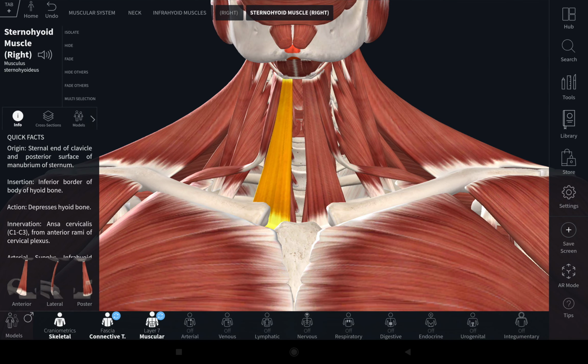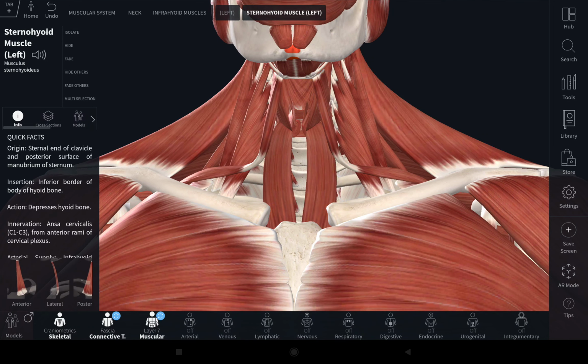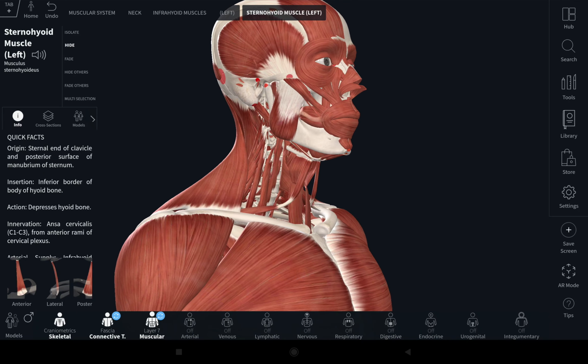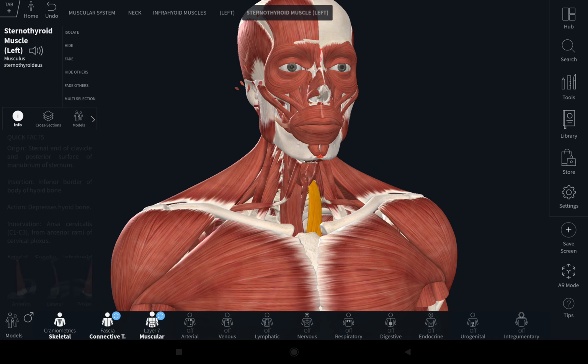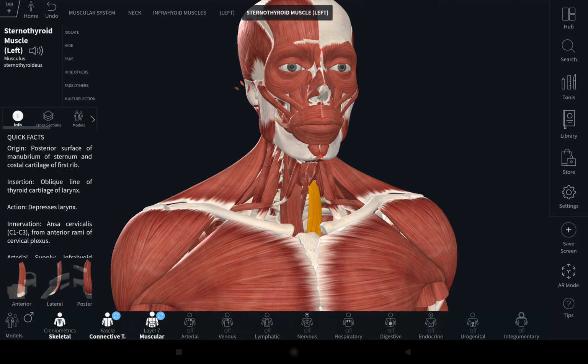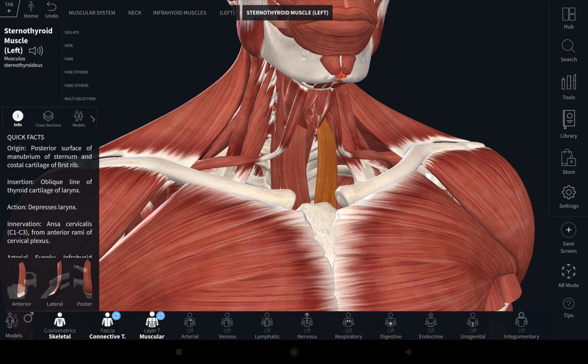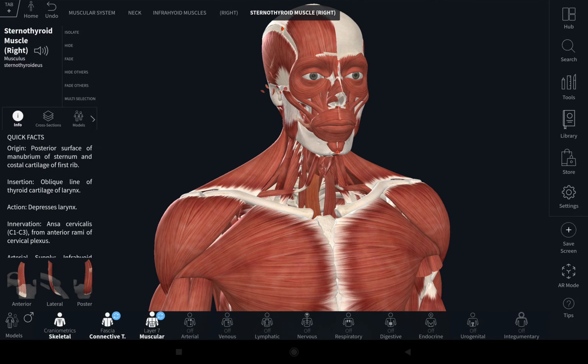If we remove the sternohyoid muscle, the next muscle below it is the sternothyroid muscle. Look here, this is the sternothyroid muscle.